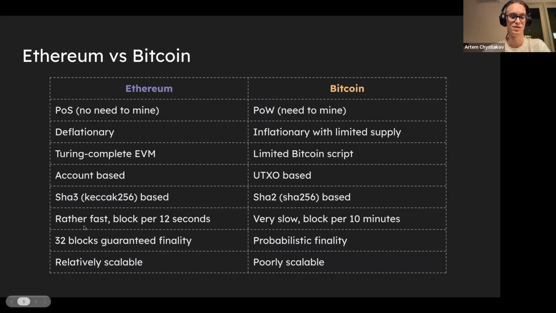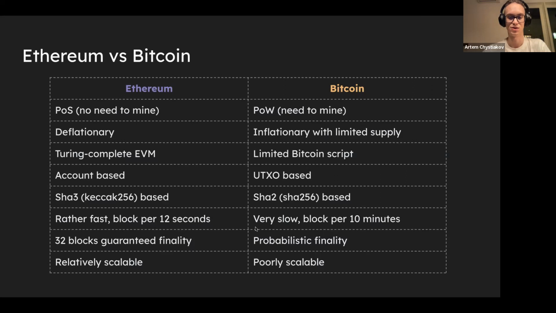Ethereum is a rather fast blockchain. It produces blocks every 12 seconds, deterministically. Because Ethereum works under the proof-of-stake consensus, the proof-of-stake consensus requires the block to be added and built every 12 seconds. So no oscillation here.